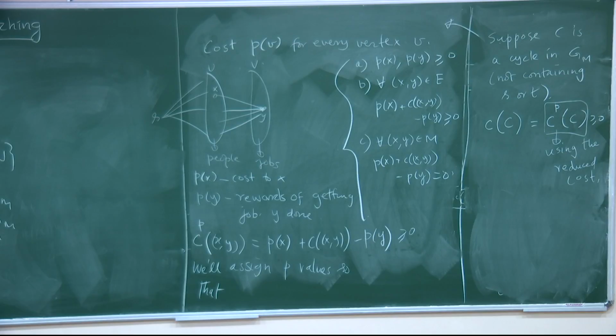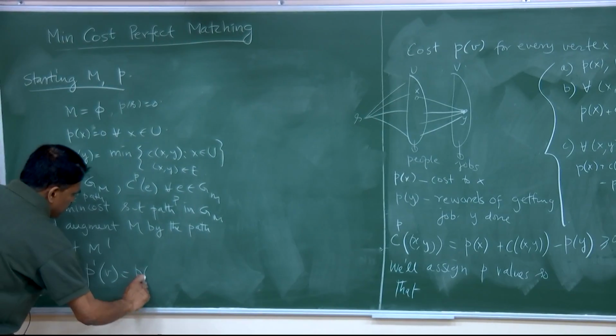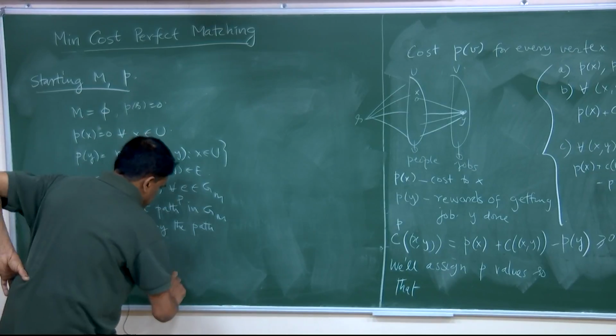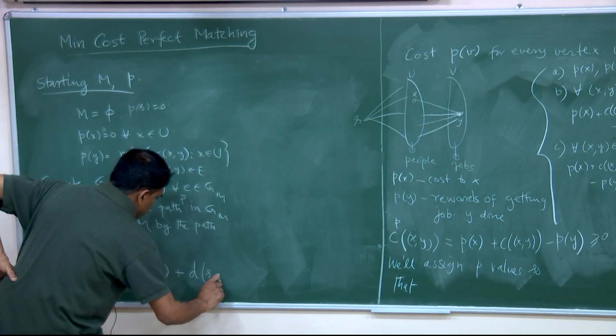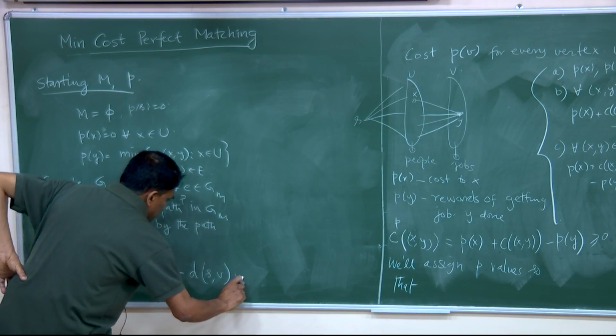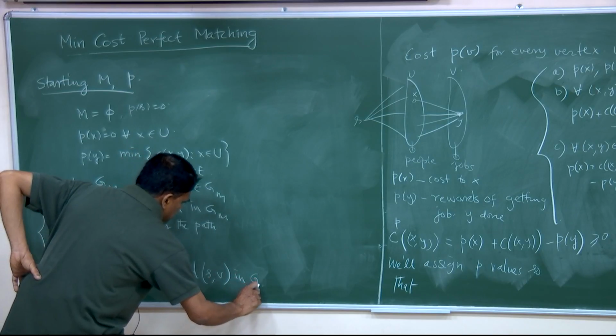It turns out the following simple update does the job for me. Let P prime of v be equal to P of v plus length of the shortest path from S to v in G_M.